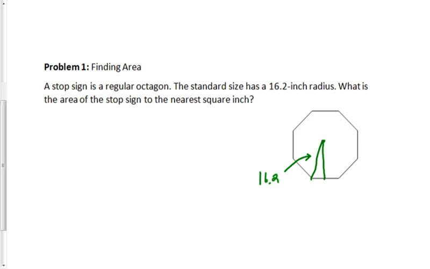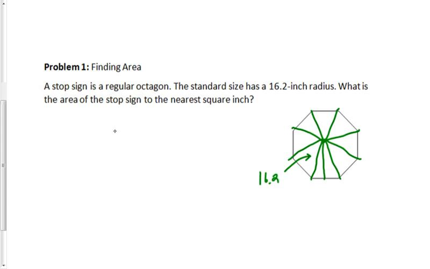Whoa! How do we know how to find the area of this stop sign? That's crazy. All we have is the radius. Well, let's look at this whole thing. It's an octagon, so there's 8 parts.